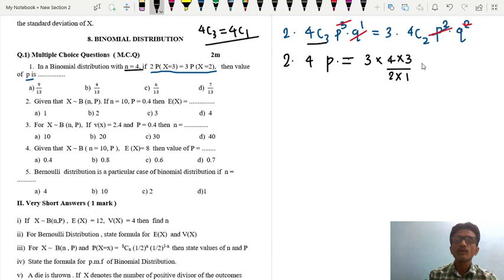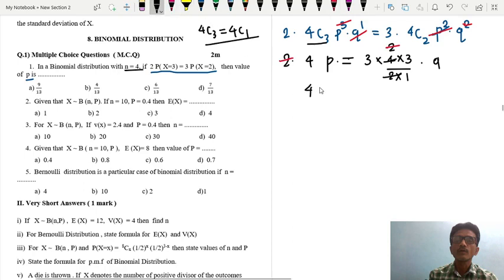What is left? Q. So q is left. Now again this 2 is getting cancelled over here. So what will we get here?